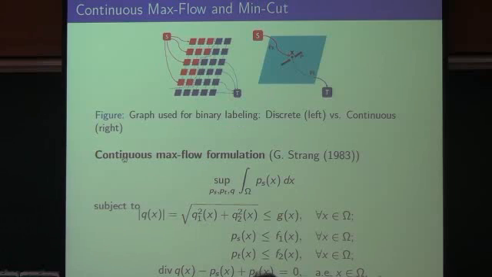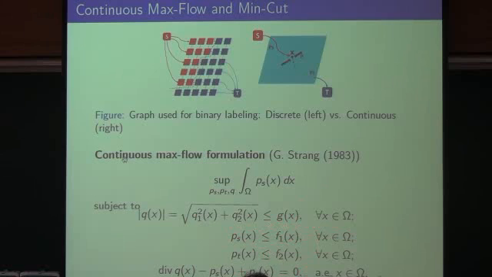I think Gilbert Strang was the first one, in '83. He had already noticed this idea. But after '83, there was not much. People didn't pay attention to this idea. We didn't know anyone other than Gilbert Strang who had a paper about it.